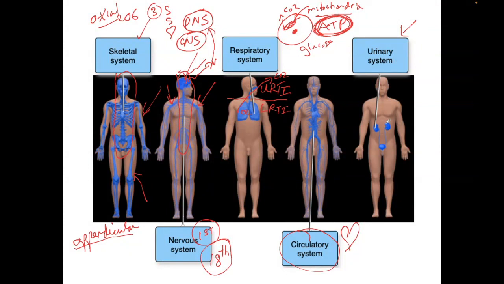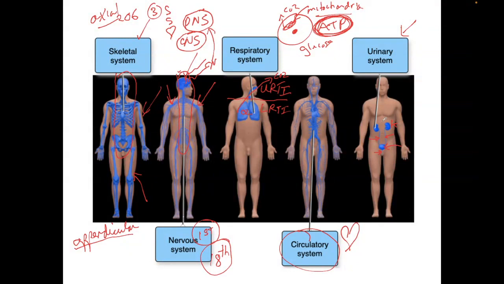So the urinary system is made up of 2 kidneys, 2 ureters, 1 urethra, and a urinary bladder. We'll go over in detail the functions of the kidney.